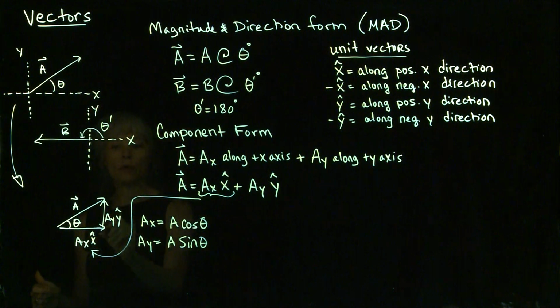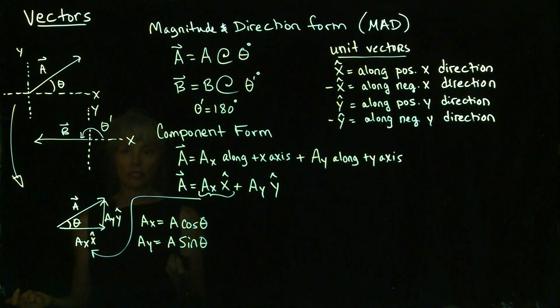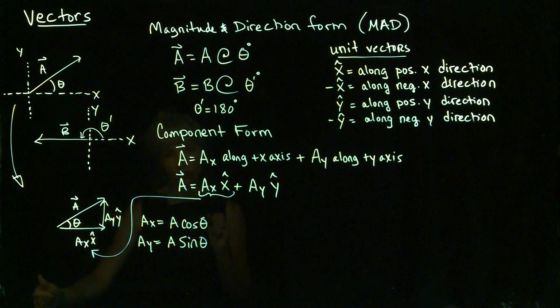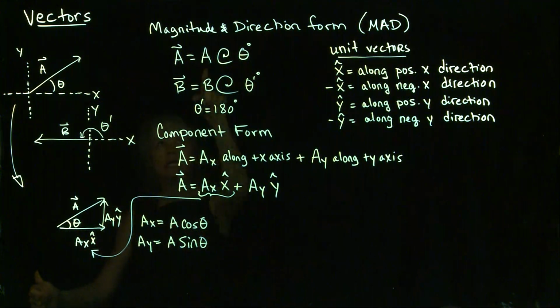And if I know both of these sides and I wanted this angle, I could use the tangent function in trig, or specifically inverse tangent of the ratio of these two sides, to give me the angle. So this trig function is super important in getting back and forth between magnitude and direction form and component form, or MAD form and component form.